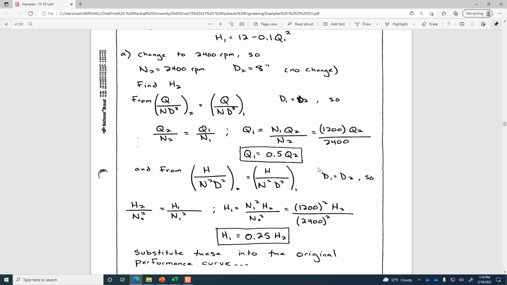This was telling us the pump performance curve under the first case, and we know the ratio of the first case to the second case, so we can substitute that in.